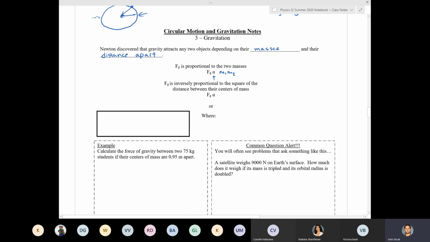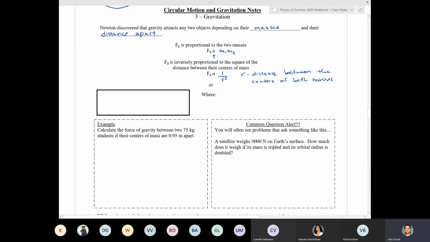So that means it's 1 over r squared, and r is the distance between the centers of both masses. This is what Newton discovered.